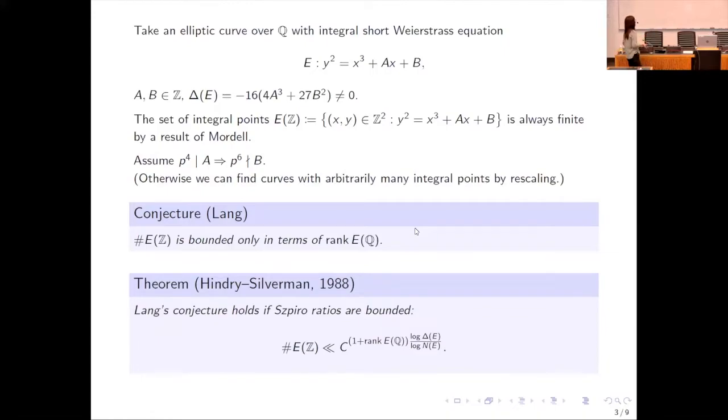assuming that we're taking some nice family with bounded spiral ratio. For quadratic twist families, the spiral ratio within the family is always bounded, so you do get an upper bound of c to the rank within any quadratic twist family. So those are some known pointwise bounds.